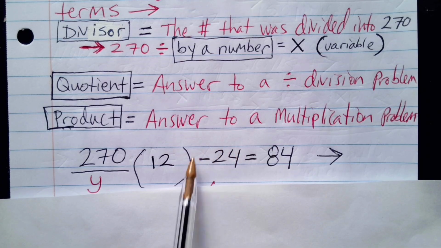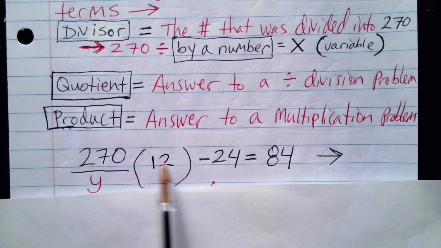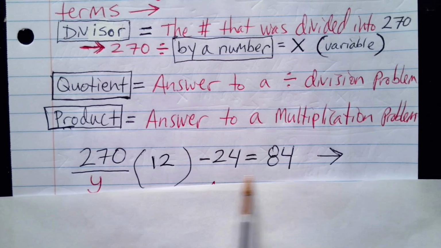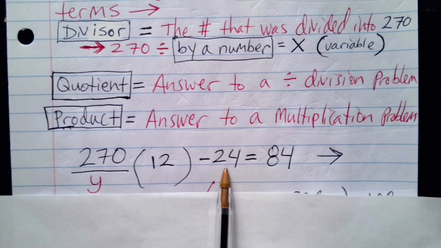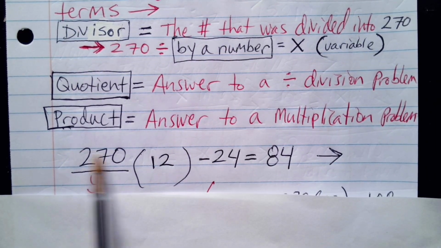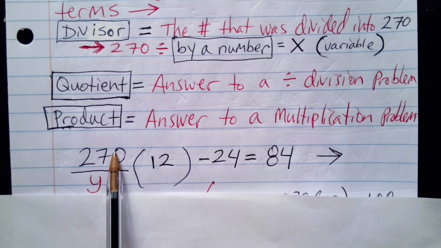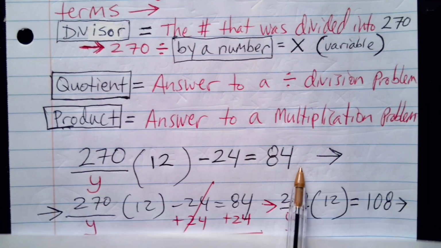Let's start by doing the inverse of subtracting 24, solving what looks to be like a three-step equation. We always do the opposite of adding or subtracting first. Then we simplify by multiplying and do the opposite of multiplying or dividing next. So I'm going to add 24 to both sides.